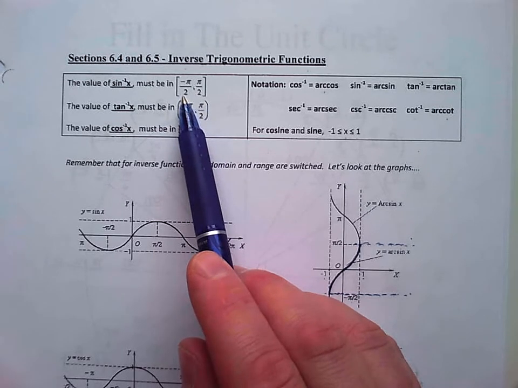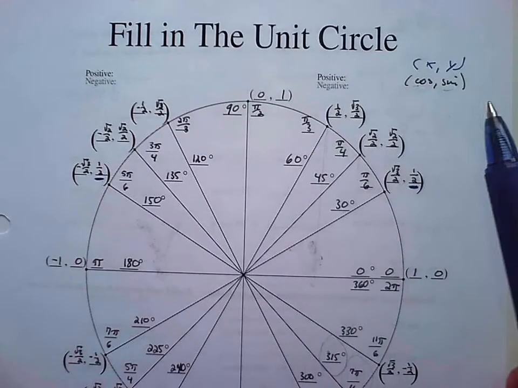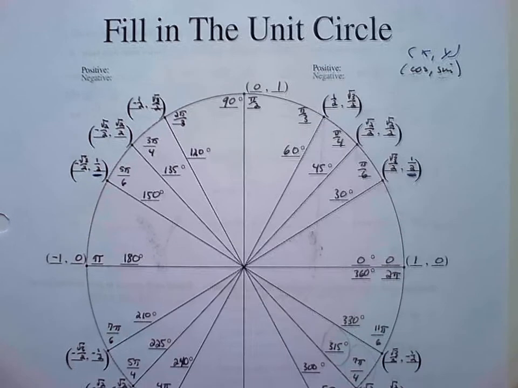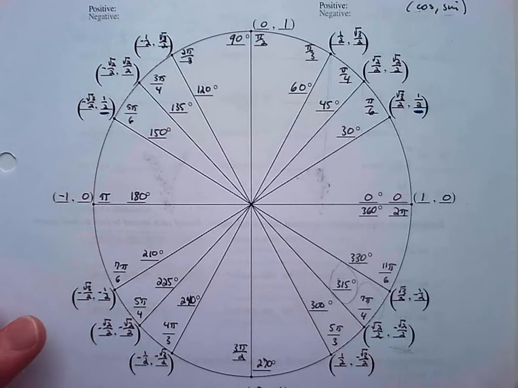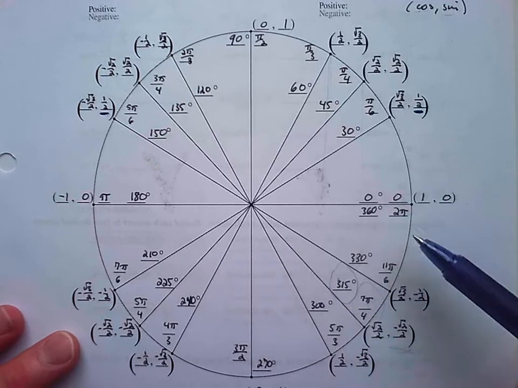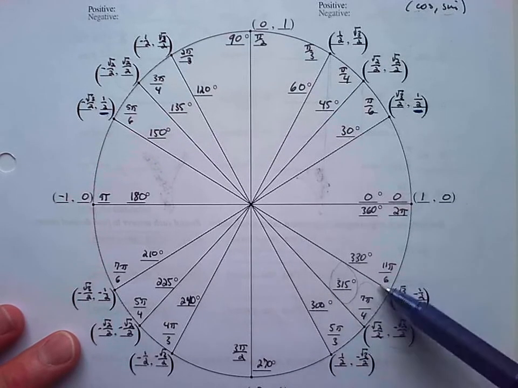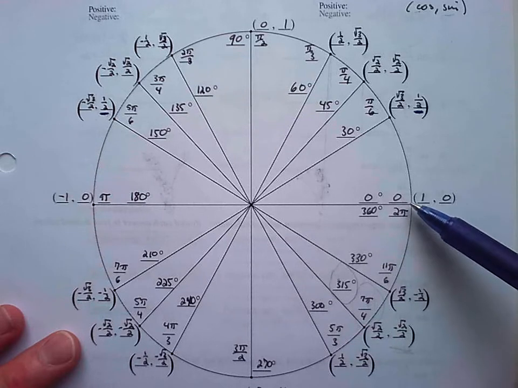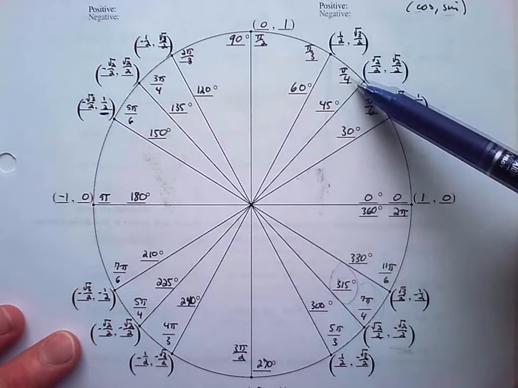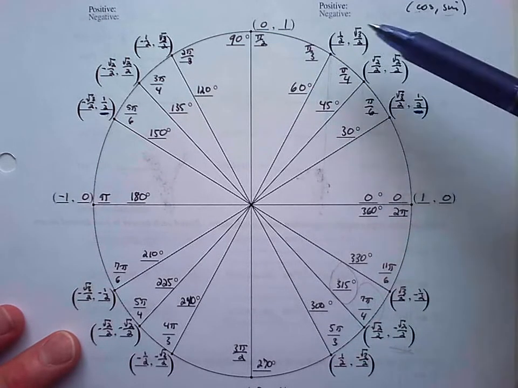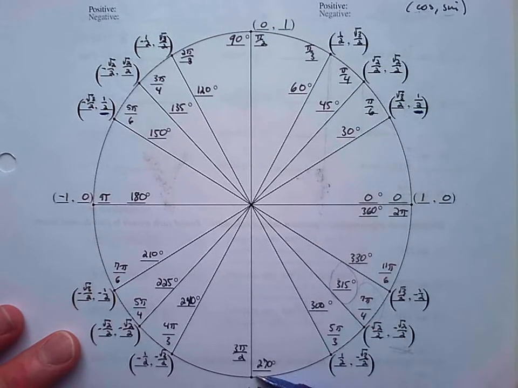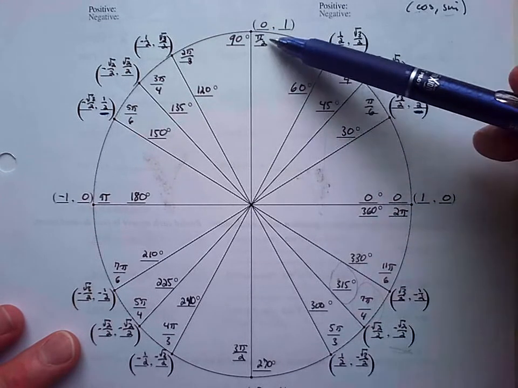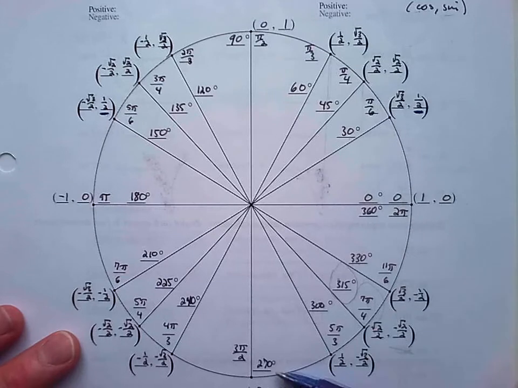So if we come back over here to the unit circle, for the inverse sine or the arc sine, we need to be between negative 90 degrees, which is down here in our fourth quadrant, and 90 degrees, which is up here in our first quadrant. So for the arc sine, the only angles that we can look at are on the right-hand side of this unit circle right here.